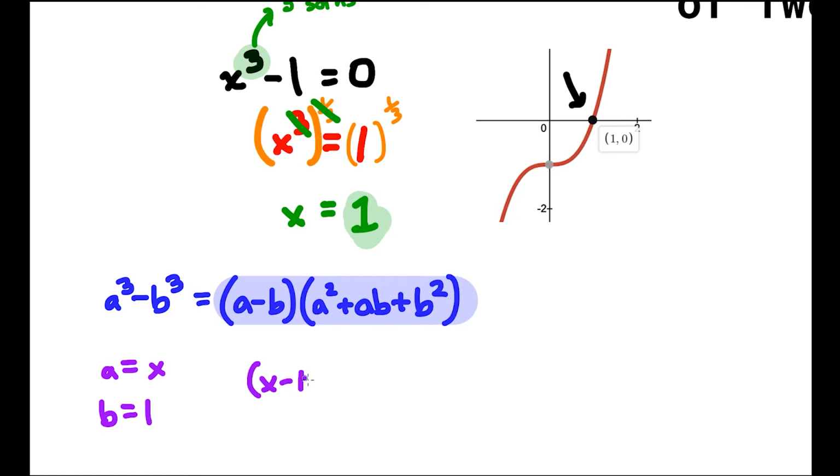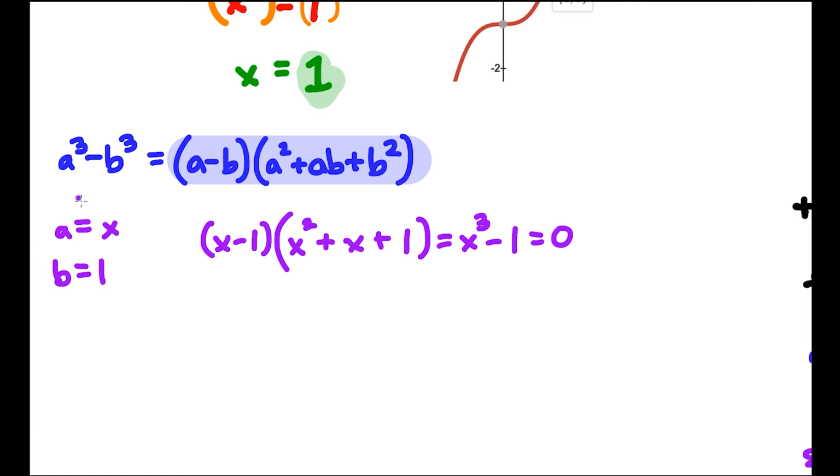So it's going to be x minus 1 because it's a minus b, x minus 1. And then it's a squared, which is x squared, plus a times b, which is x times 1, which you really don't need the times 1 there, so I'm going to get rid of that, plus b squared, which is 1 squared, to get a 1. Okay, so now this is essentially equal to x cubed minus 1, which we are trying to solve for 0 here.